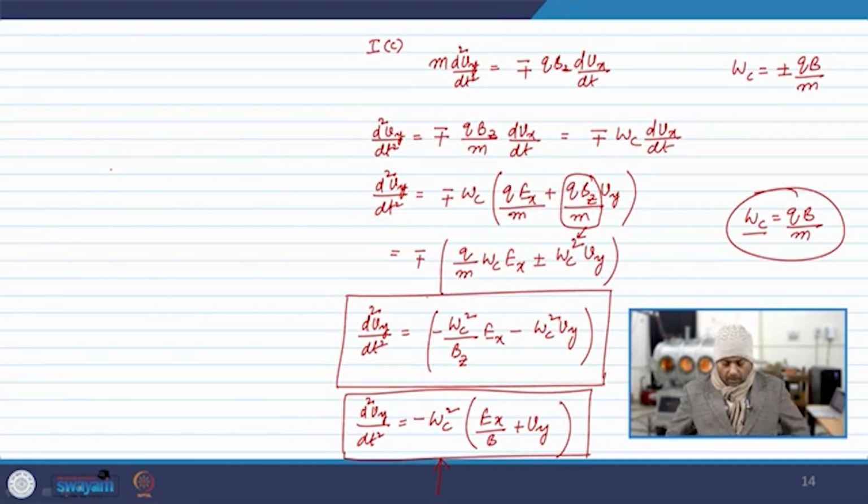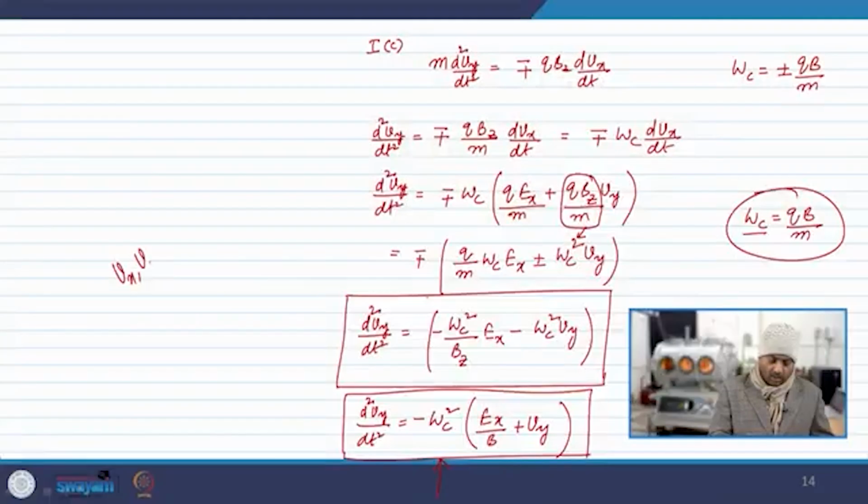So, you see this factor Ex by B. You know Ex by B is in the units of velocity, right? We know that. So, the velocity Vy is being added by an additional velocity which seems to be a function of the electric field and the magnetic field. Okay.